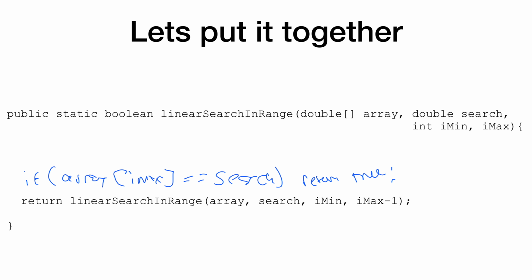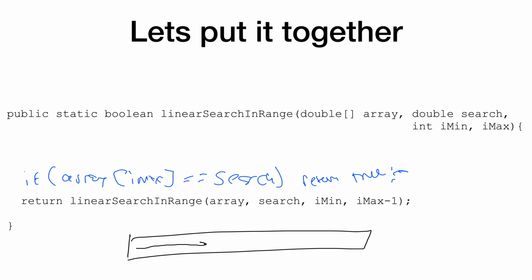And notice that since we return true here, we wouldn't even get to the recursive call. So once we've found the thing we're searching for, as we're coming from the end, we know it's there. Otherwise, we're going to keep searching further and further in the array, just like in the for loop version. As we were going along, if we found it, it doesn't matter what's there. Here, we're just now doing it from the end.